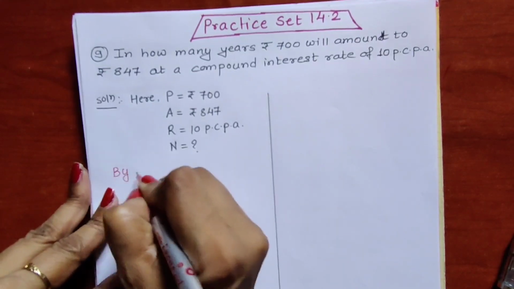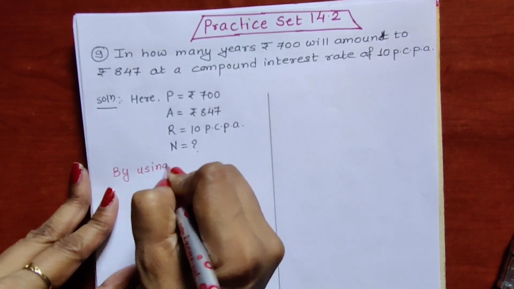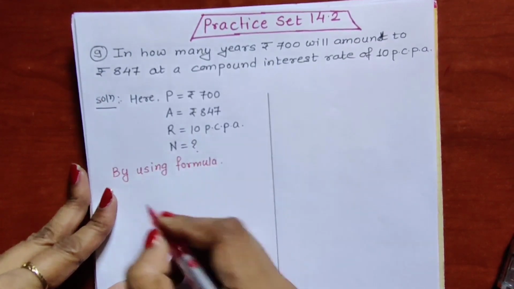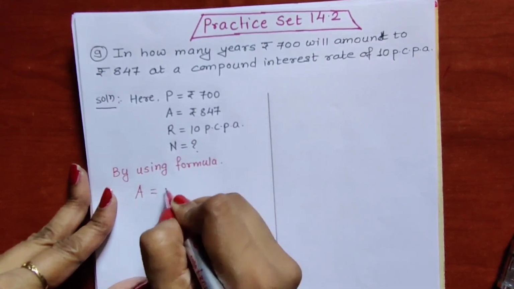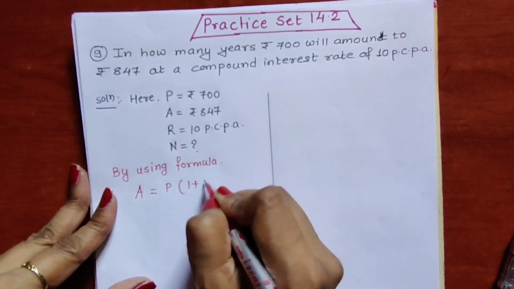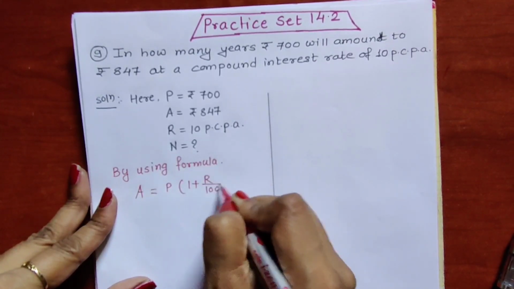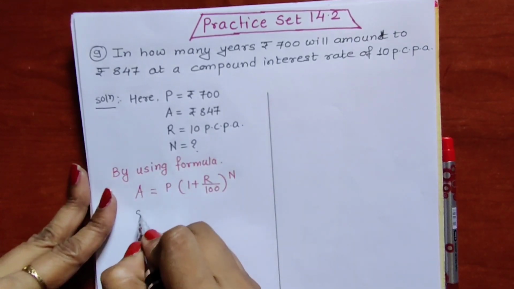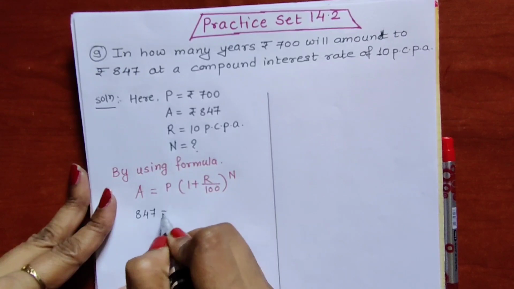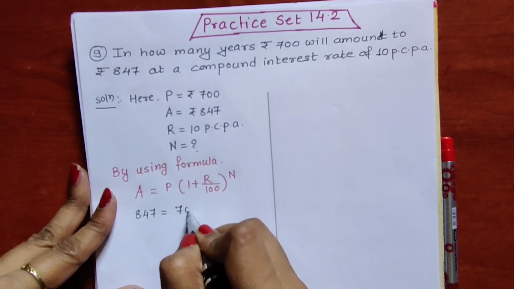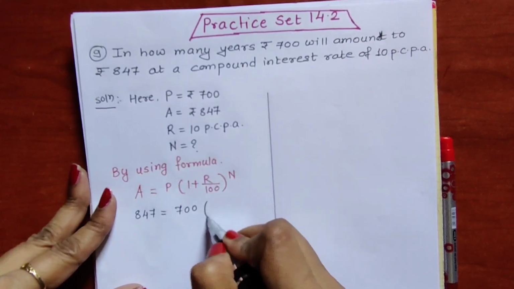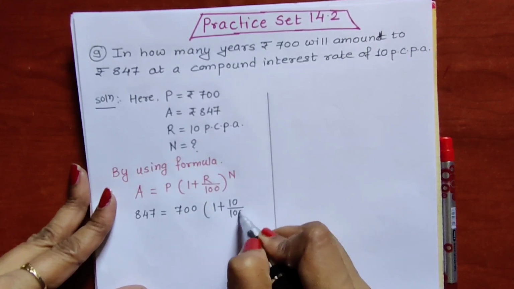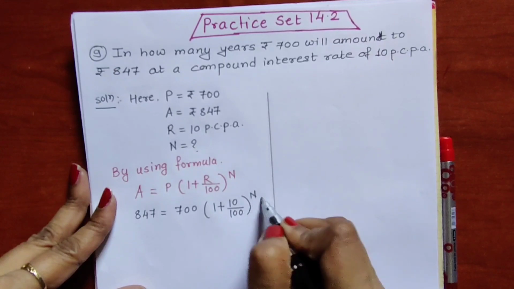By using the formula, A is equal to P into 1 plus R upon 100 raised to N. So A value is 847 is equal to P value is 700 into 1 plus R is 10 upon 100 raised to N.